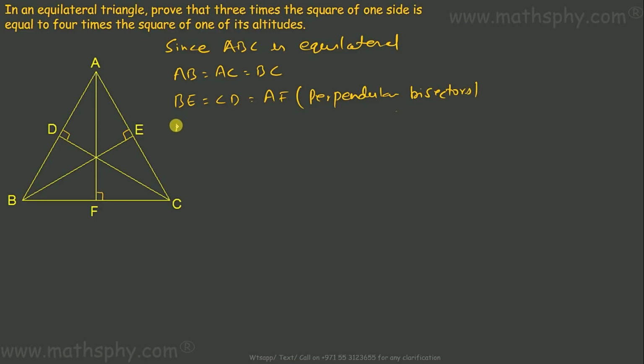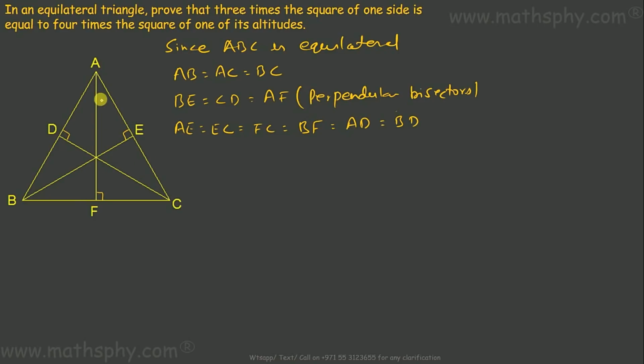Third, AE would be equal to EC will be equal to FC will be equal to BF will be equal to AD will be equal to BD. So these are certain conditions we need to see when we are dealing with an equilateral triangle.